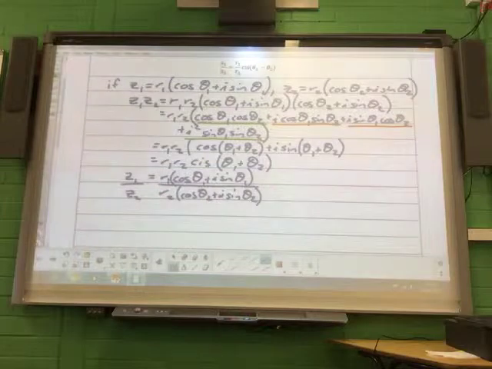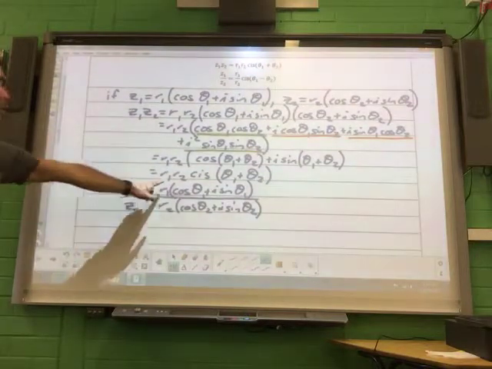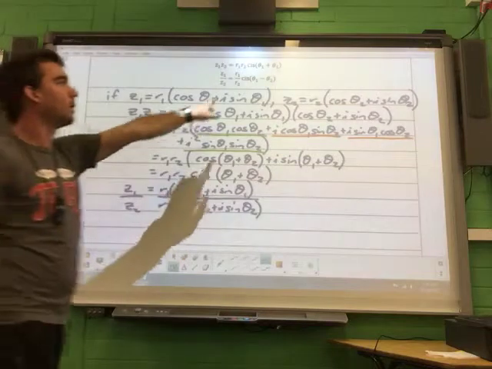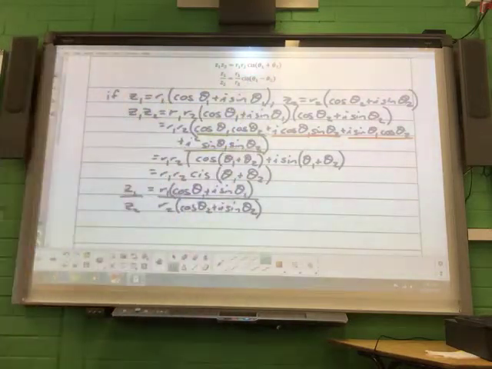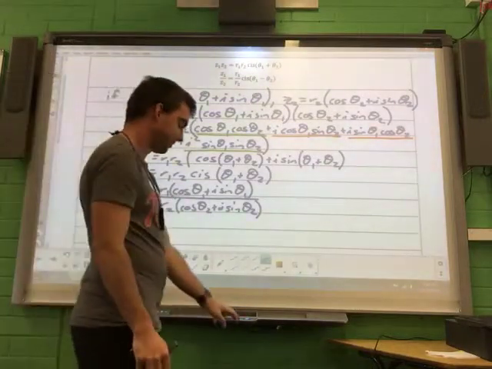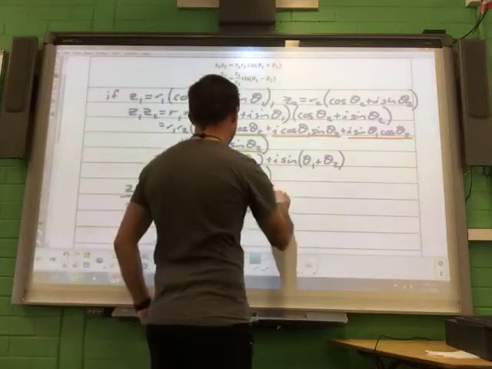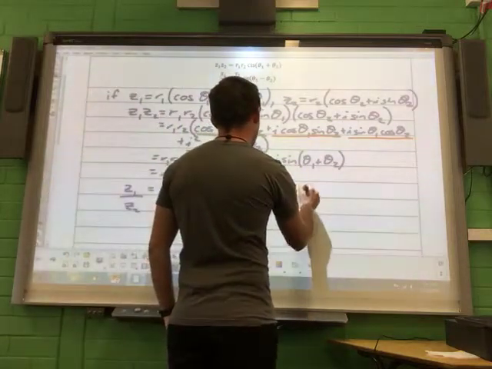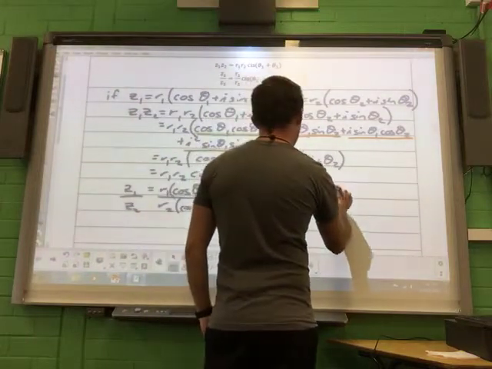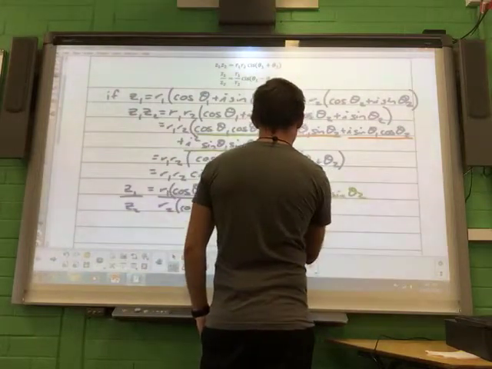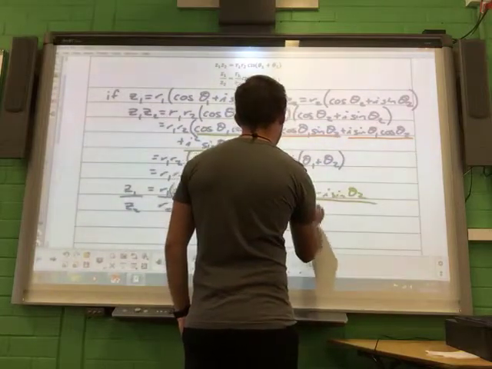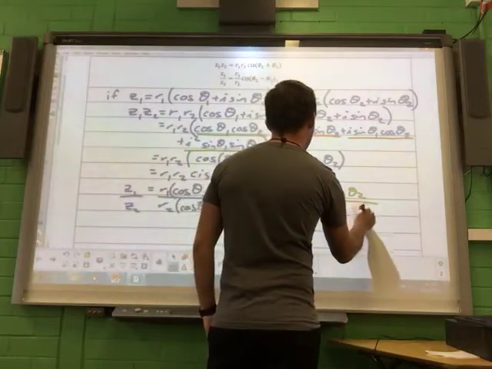So I want to derive the result that we've already got the division of the modulus, but now we need to derive that it's going to be a subtraction of the arguments. Suggestion? By what? Times cos theta 2 take away i sine theta 2, over cos theta 2 take away i sine theta 2.